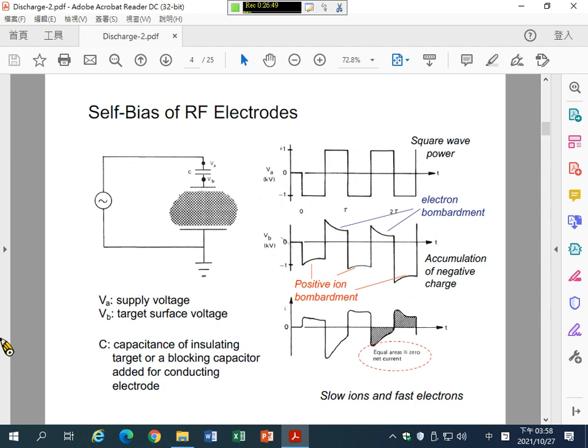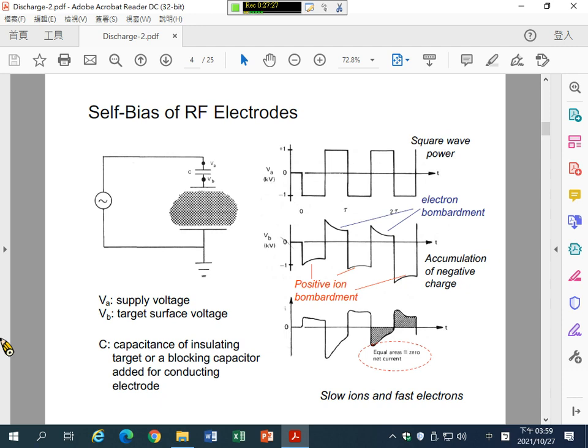Otherwise, if you place two pieces of metal, one is cathode, the other one is anode. If you just use two pieces of metal as the electrode, and if you generate an RF plasma, if the circuit has no capacitive component, the potential of the RF hot and the potential of the ground will change.